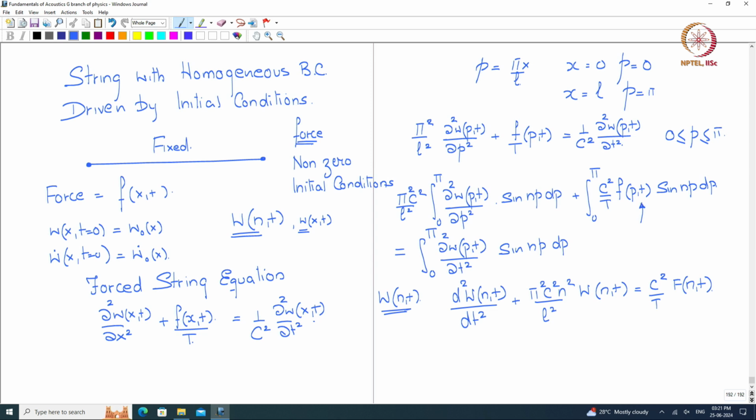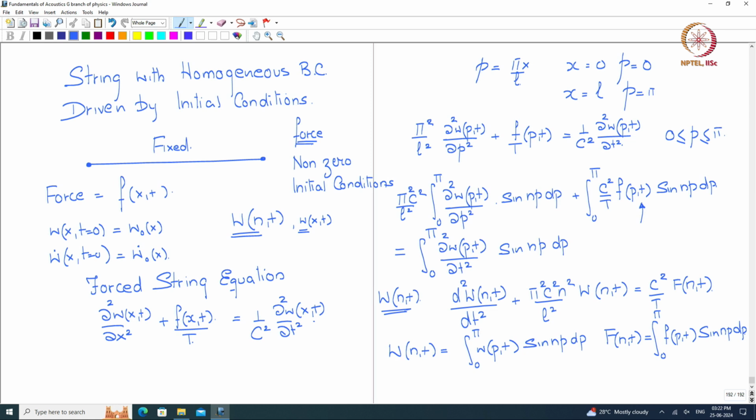Where W of n comma t is equal to integral 0 to pi W of p comma t sine n p dp, and f of n comma t is equal to integral 0 to pi f of p comma t sine n p dp.